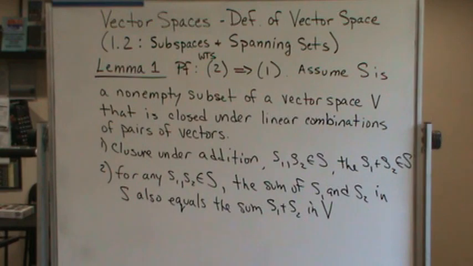Because V is a vector space, its addition is commutative.